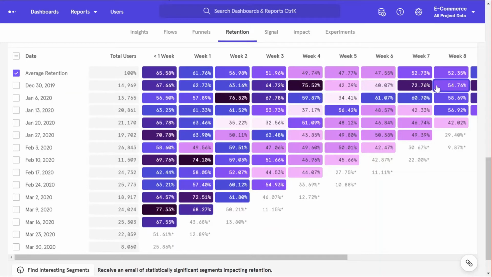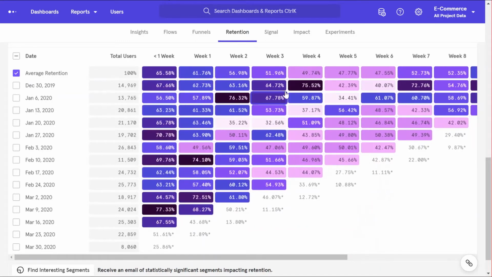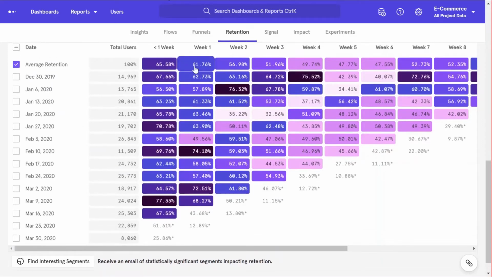Again, there are ups and downs which you may want to investigate. And if overall, right, this number is low in the subsequent weeks, then your retention may be poor and you may want to see what you want to do about it. If, for example, this number is poor for a particular cohort, for example, you see suddenly here, the week 1 retention is down at 49.56% compared to other cohorts here. Even the week 1 retention was low.